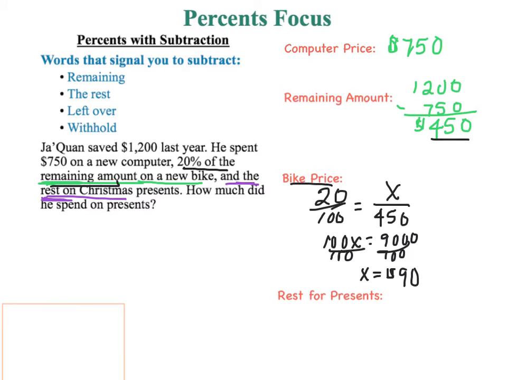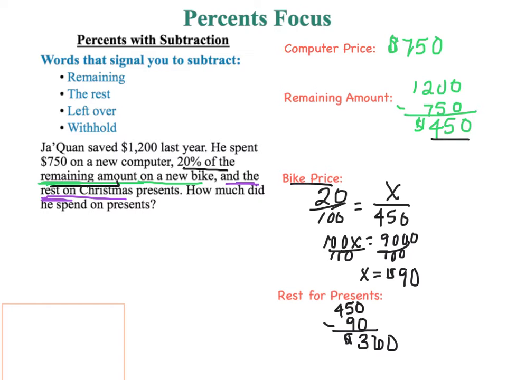So to get the rest, again, that means to subtract. He had $450 after that computer. We now know that he spent $90 on the bike, so I need to subtract that out. So he spent a total of $360 for presents.